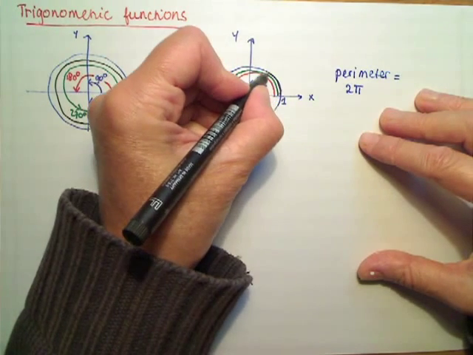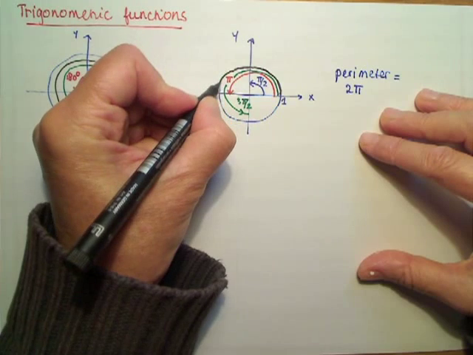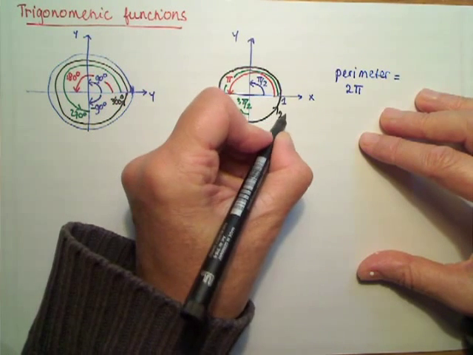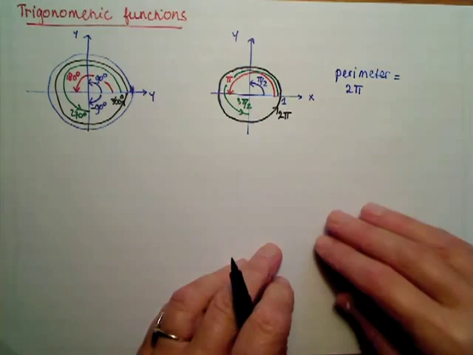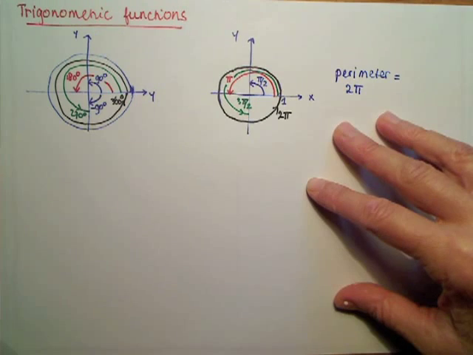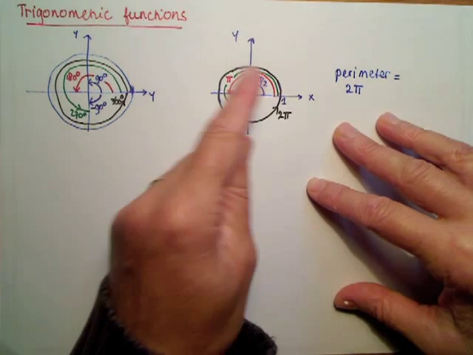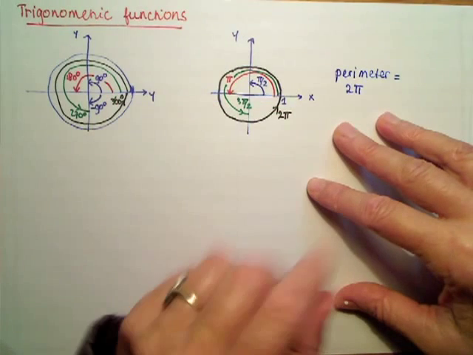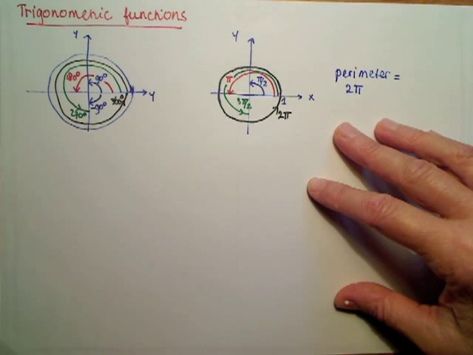It is not necessary to draw it, but for completeness I will do it. So we can connect angles with the length of the arc around the circle of radius 1. And so we get this relation.